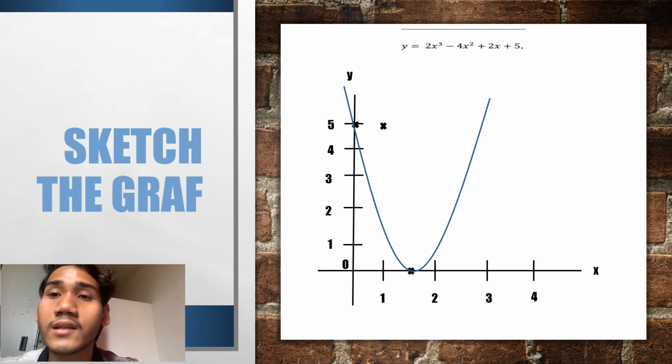For the second part, the x-intercepts, we need to change the y value into 0, and we get 2x^3 minus 4x^2 plus 2x plus 5 equals 0, and we proceed with the equation method. We get x1 coordinate negative 0.78 and 0 for y, and for x2 the coordinate is 1.39 and 0 for y.